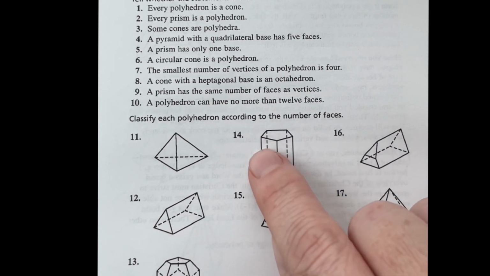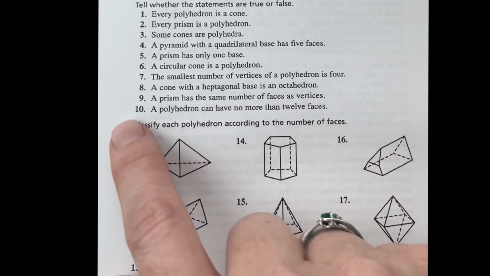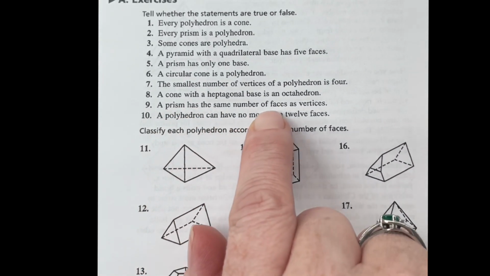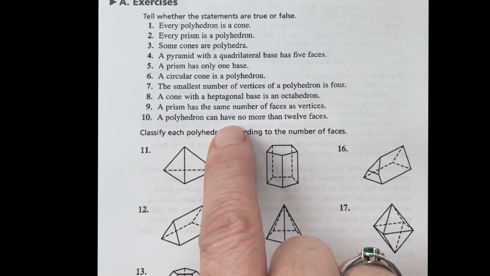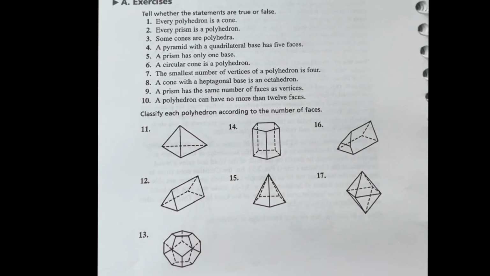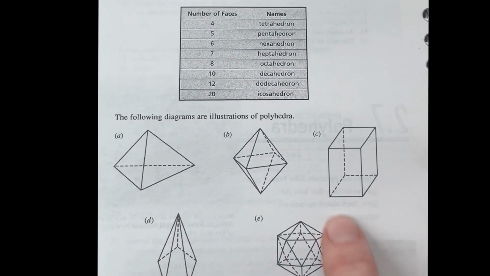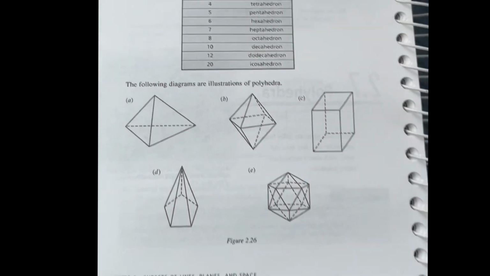And how many faces does it have? Well, it's 5 sides plus 2 for the bases, which is 7. So the answer would be false. Number 10: a polyhedron can have no more than 12 faces. Well, the answer is right here. This one has 20 faces. So the answer is false.